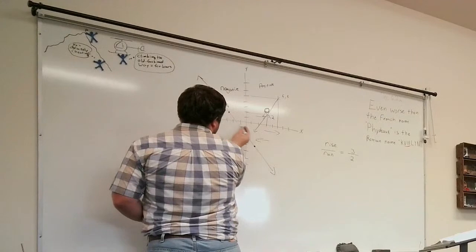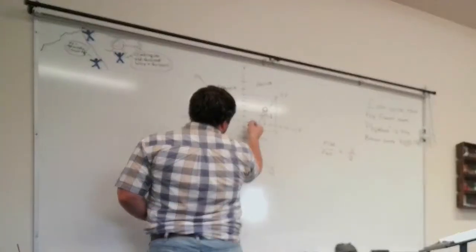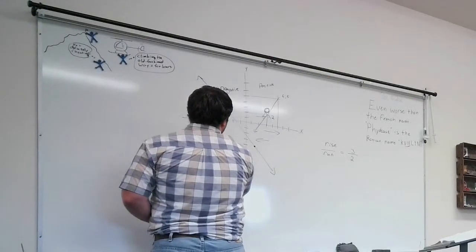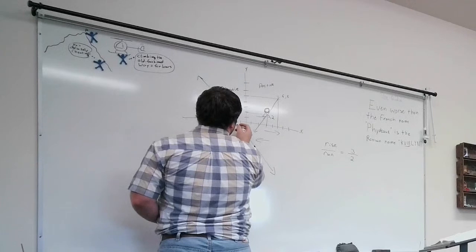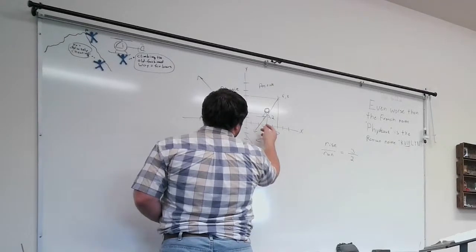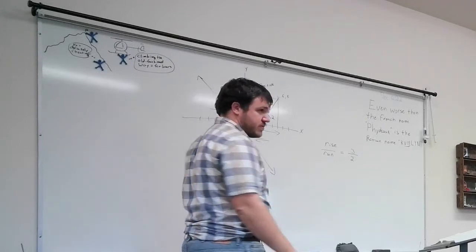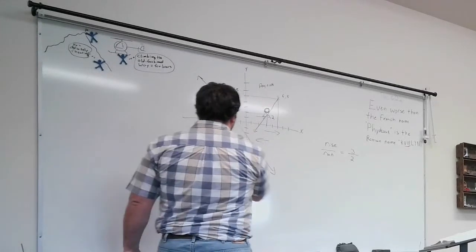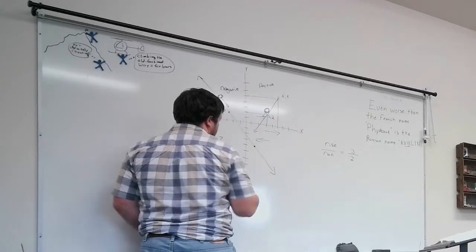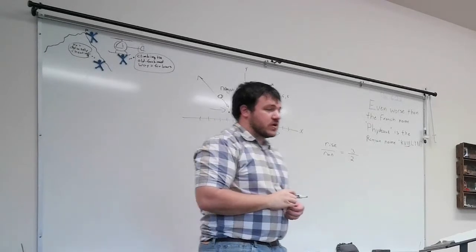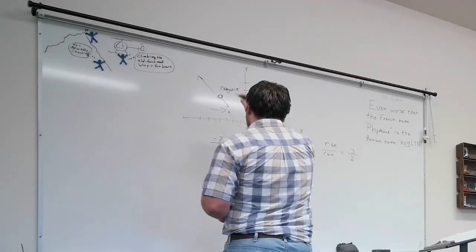He's going to have a rise of 1, 2, 3, 4, 5, 6, 7. He's going to have a rise of negative 7 over 1, 2, 3, 4, 5, 6. Negative 7 over 6. Right? So his rise is negative 7, his run is 6. Because the direction is down, it's negative. This is a negative slope.